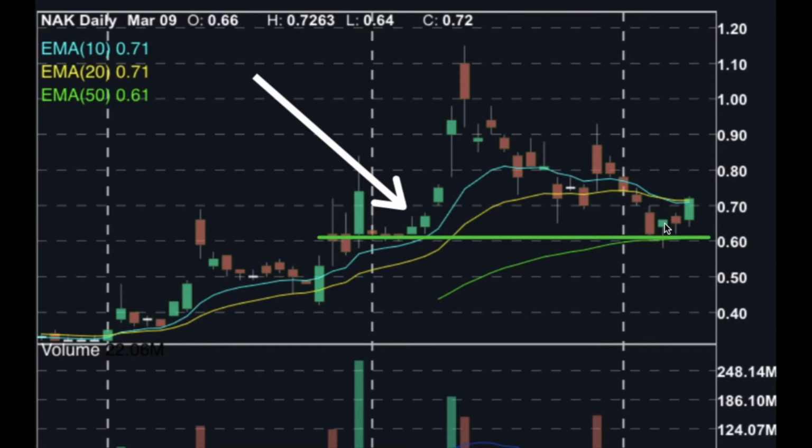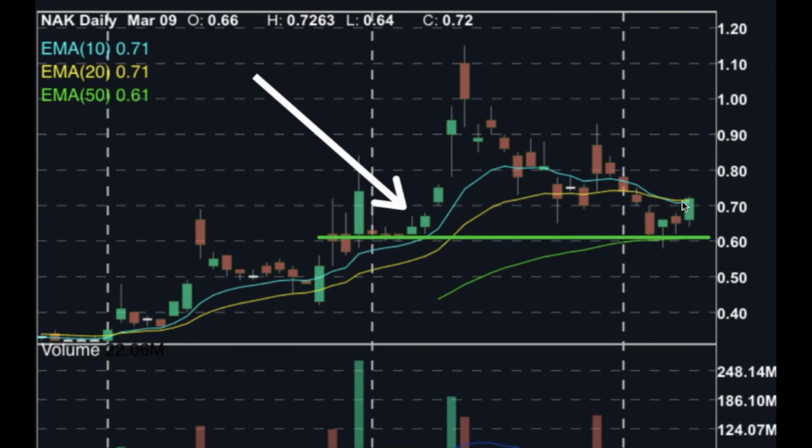And when you see this, now obviously there's no guarantees. You can see the next day we fell a little, but then you can see our big green candle here that goes above 70. If you played this, the perfect play, you would have gotten in at 58 cents, played it up to 72 cents, and gotten out, right?